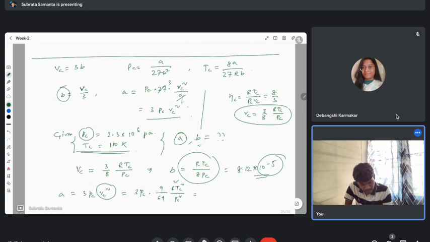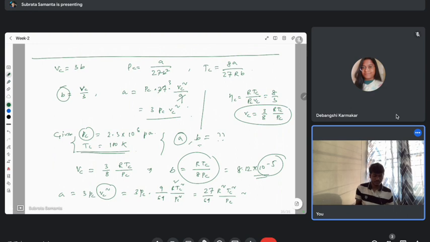So that means 27 by 64 R square TC square by PC. What is that one?